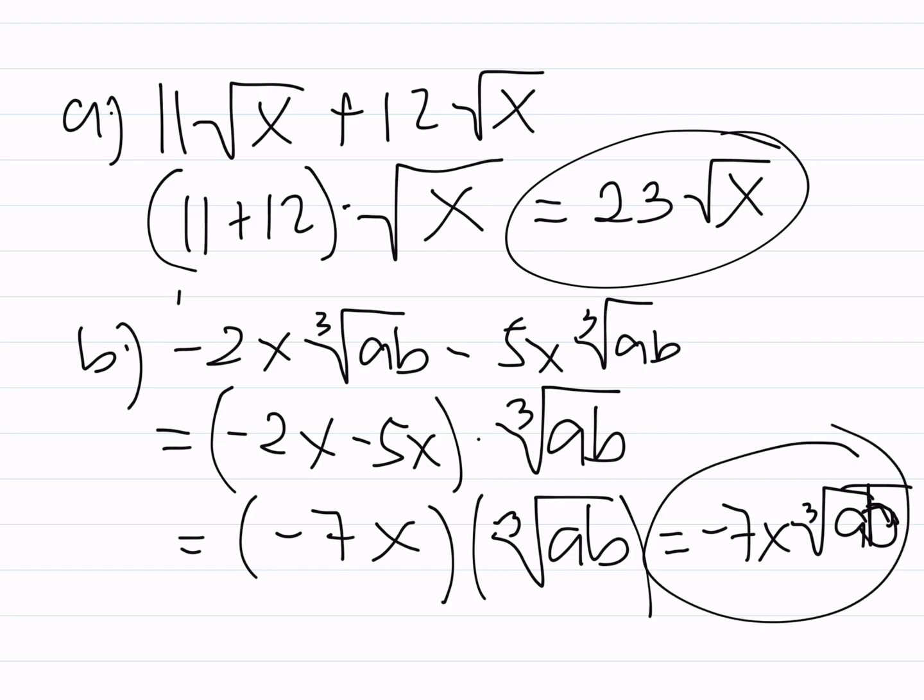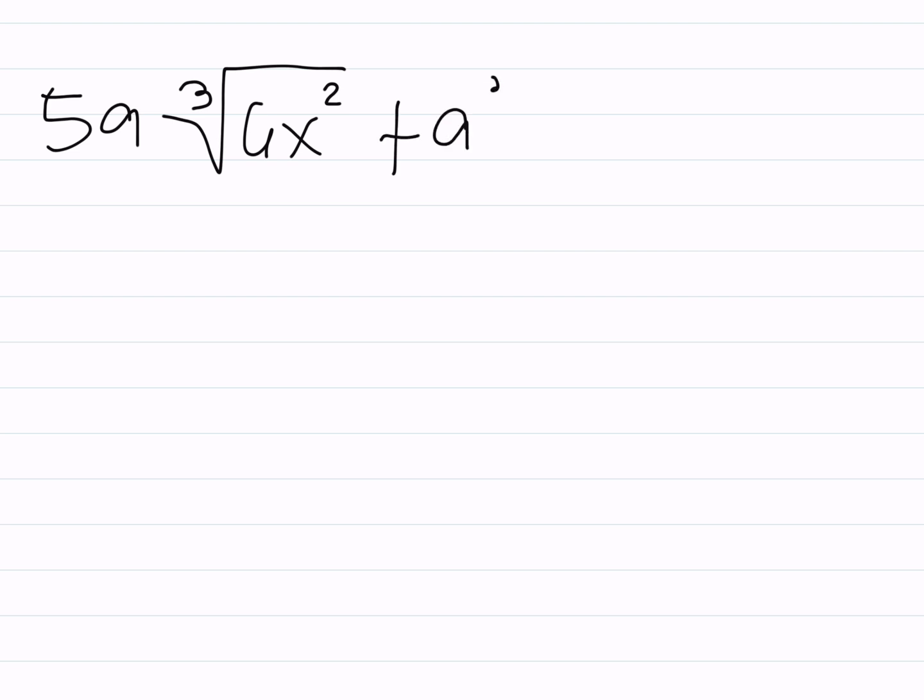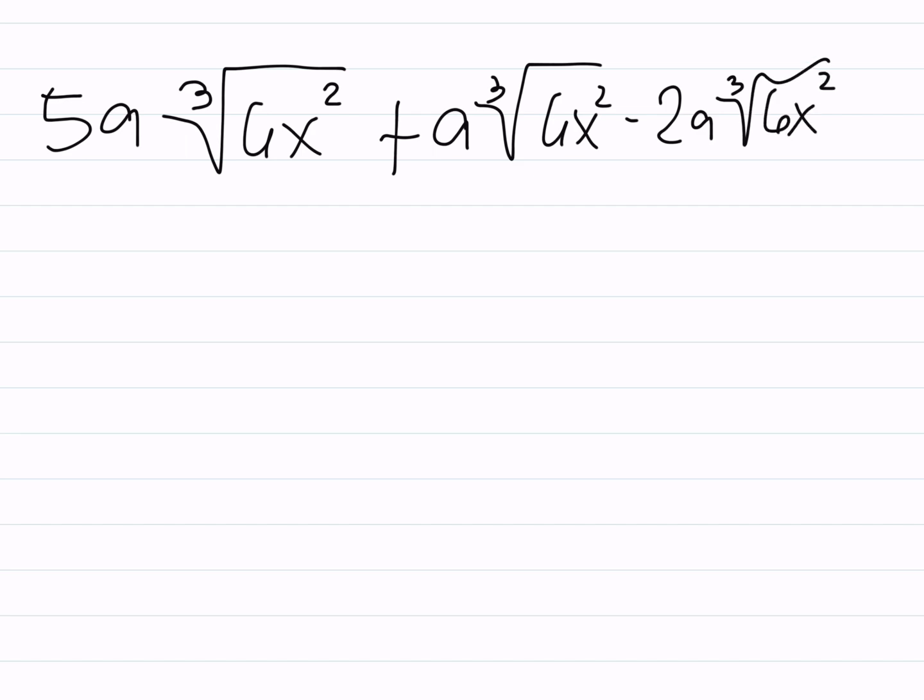Next, another example. What if we have 5a, then cube root of 6x squared plus a, then cube root of 6x squared minus 2a times the cube root of 6x squared.